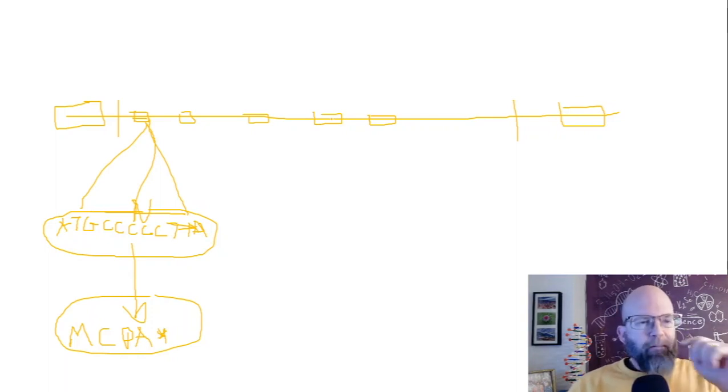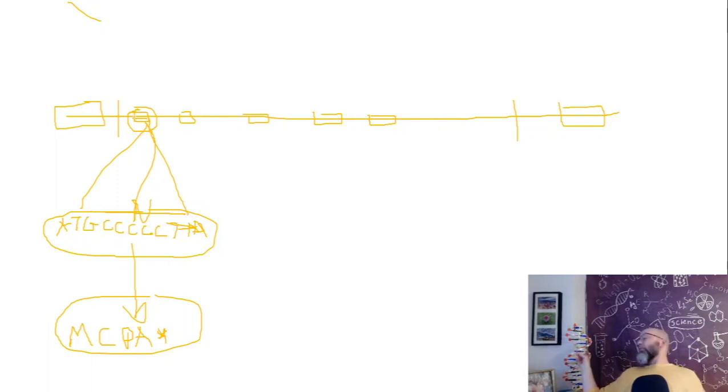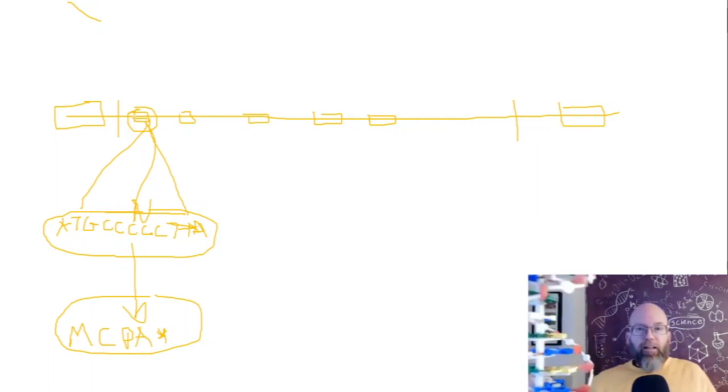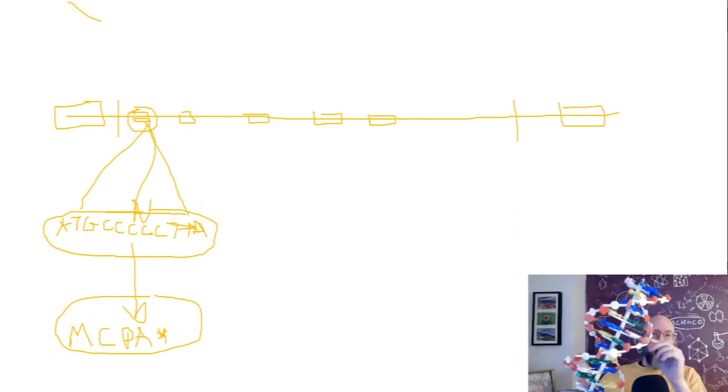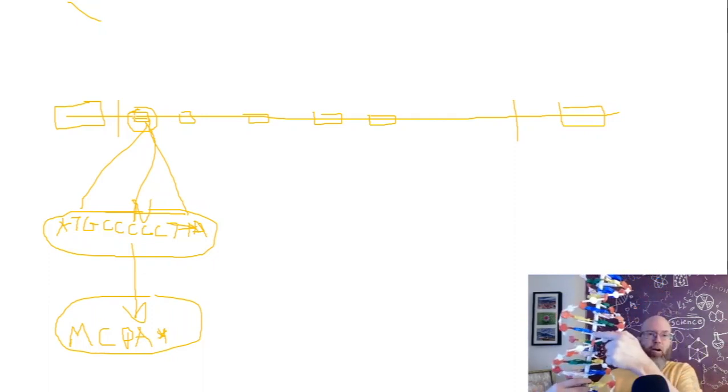So we need to copy this particular code. I'll find out where I'm at here. We need to copy this particular code and get it out of the nucleus, out of the double-stranded DNA. I got my double-stranded DNA molecule. Here, maybe I should bring it over here. Right? So I got my double-stranded DNA molecule, and here are the pieces of code inside of here, right?